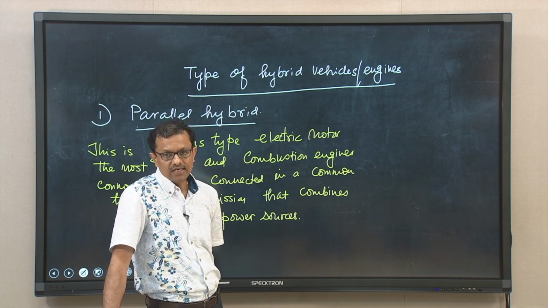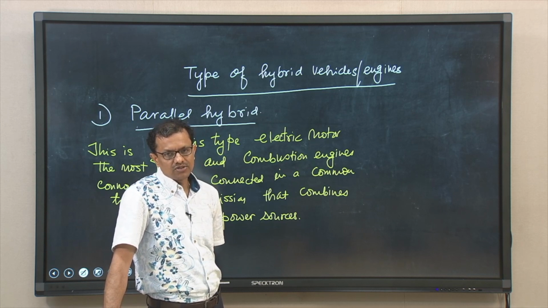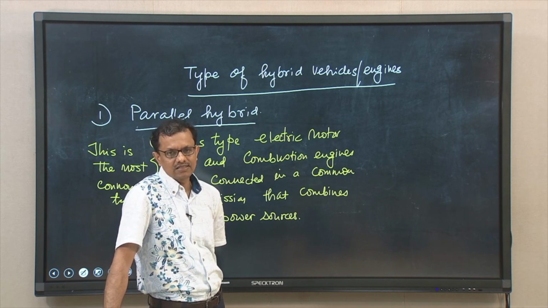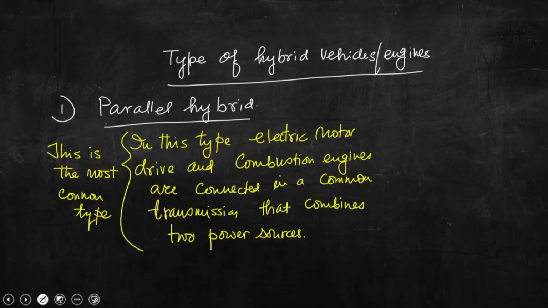In this type, both the electric motor drive and the combustion engine, these two power generating systems, are connected in a common transmission. Now, what would be the beneficial aspect of connecting them in a common transmission system?